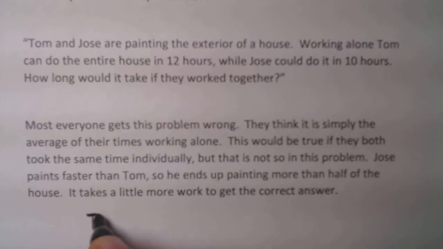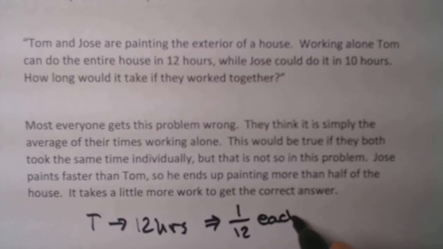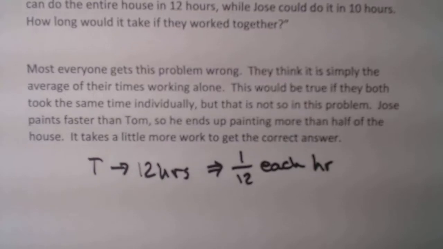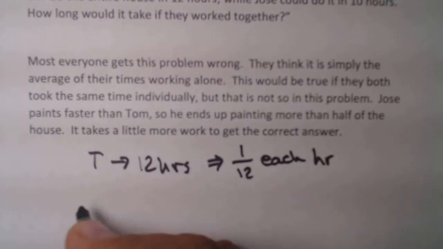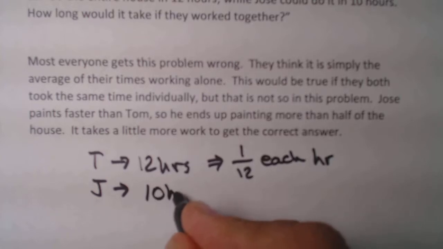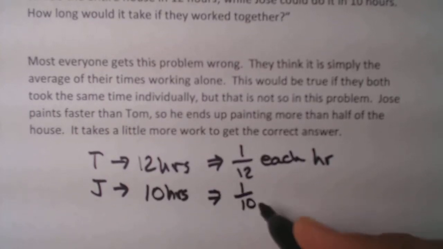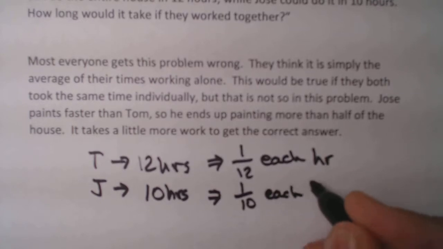So Tom, who takes a total of 12 hours to do the whole house, does 1/12 each hour. And this is the key. We do the same thing for Jose. Jose takes a total of 10 hours, and that implies he does 1/10 each hour.